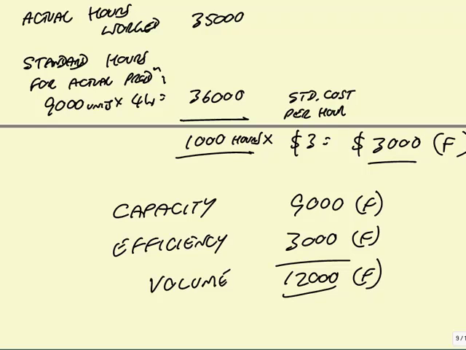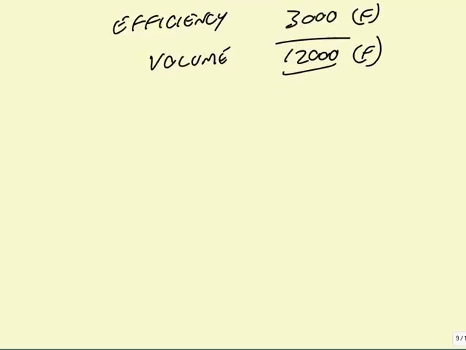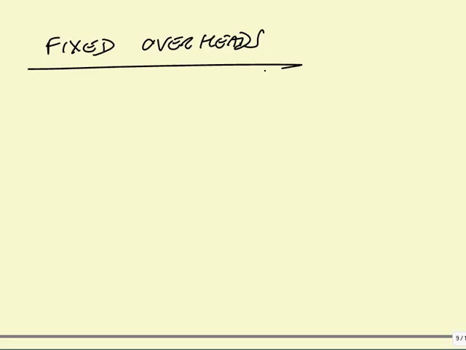If it's absorption costing, you need all those variances that were on that sheet. However, if it's marginal costing, well, because you're not absorbing, only one of those variances is relevant.